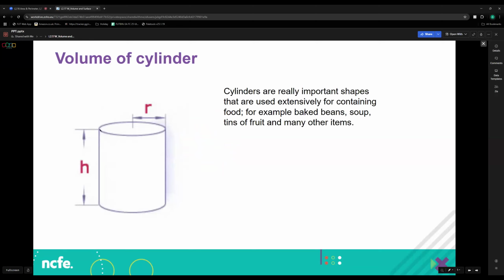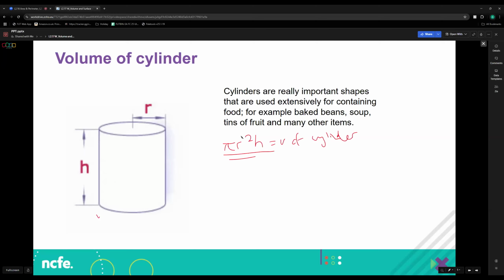But then it's like a circle with a bunch more circles. So what you do is you do pi r squared h. So this is the volume of a cylinder formula. That is the formula for it.